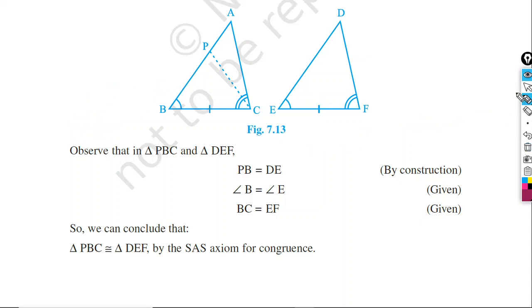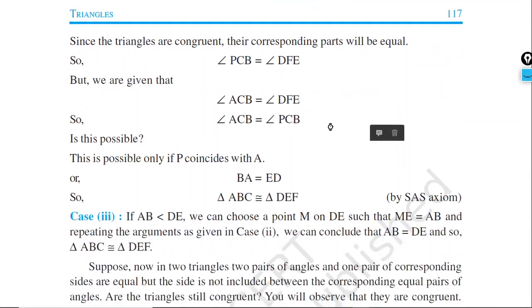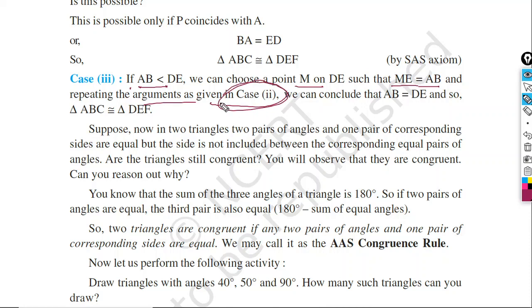So in the third case we don't need to prove. It is also written here that if AB is less than DE, we can choose a point M on DE such that DM equals AB, and repeating the arguments of case 2, as we proved in case 2, we can prove that AB equals DE, so triangle ABC is congruent to triangle DEF.